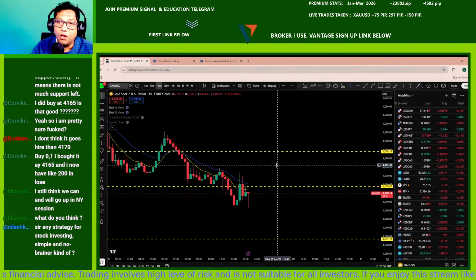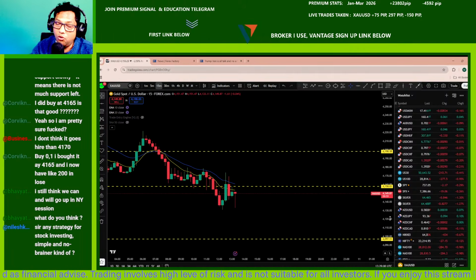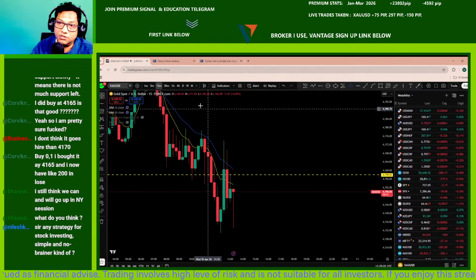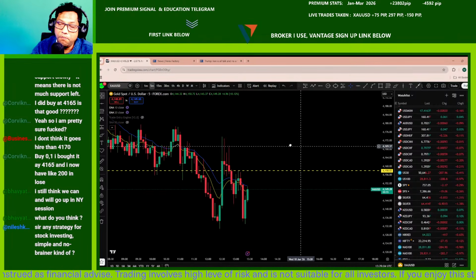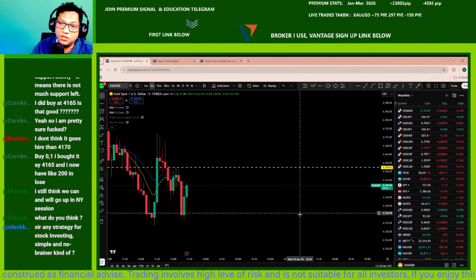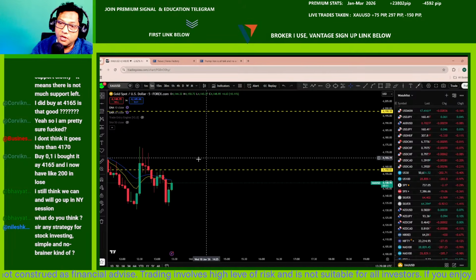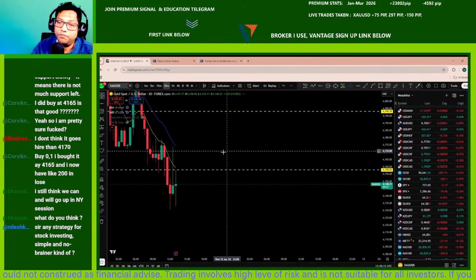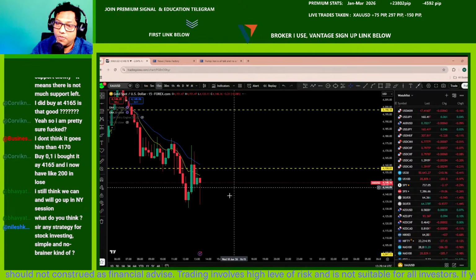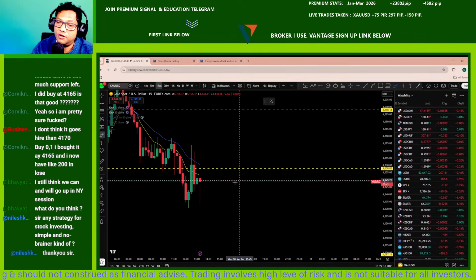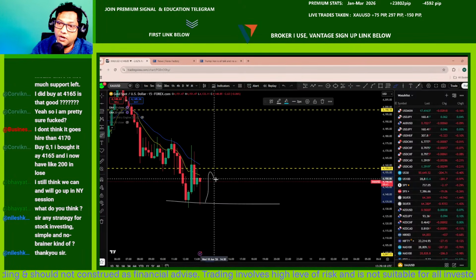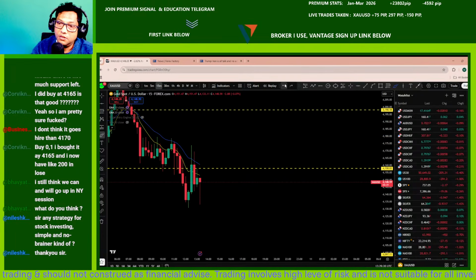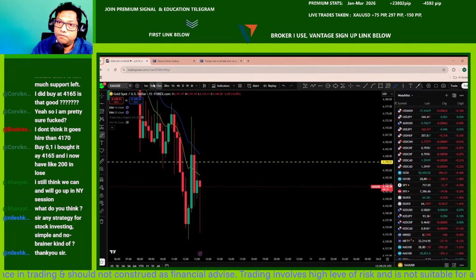Okay, going back to our entry here on gold, you can see that at this support there is a rejection back here above, and from this support the market is trying to push back to that level, and from this support here the market is creating an upside bias that you can see.